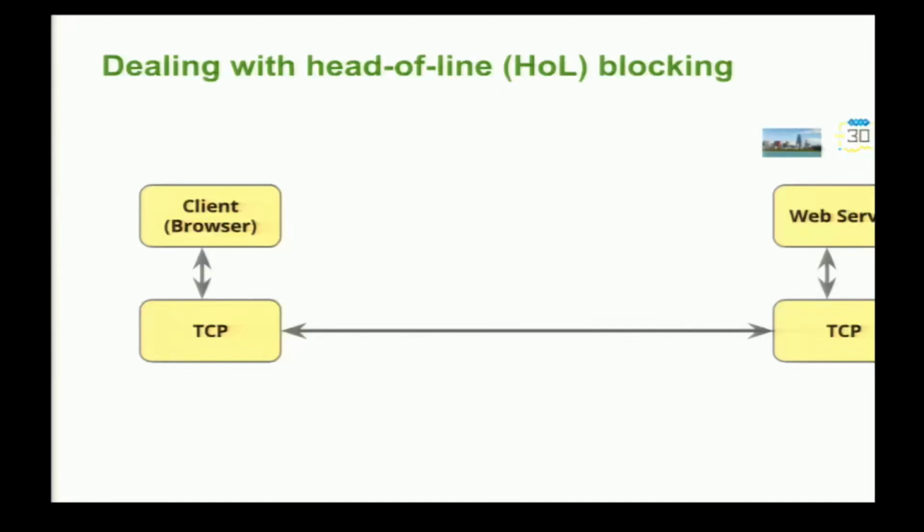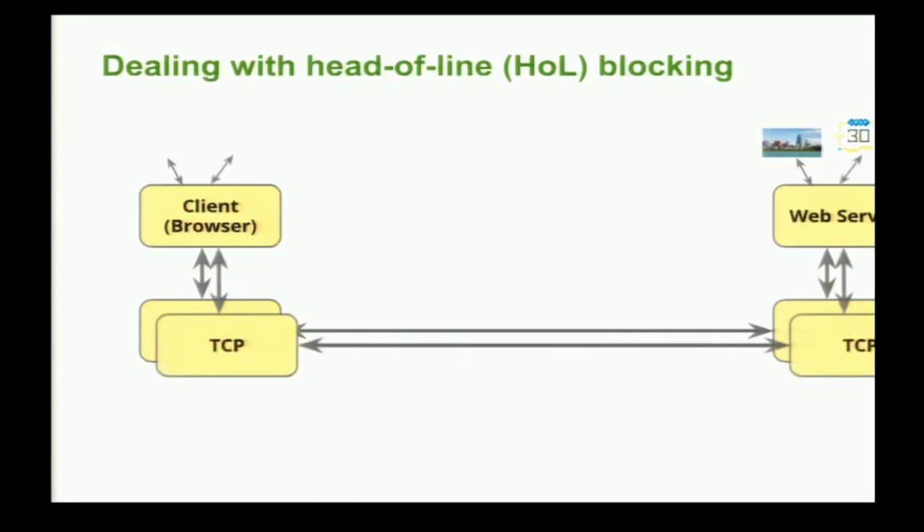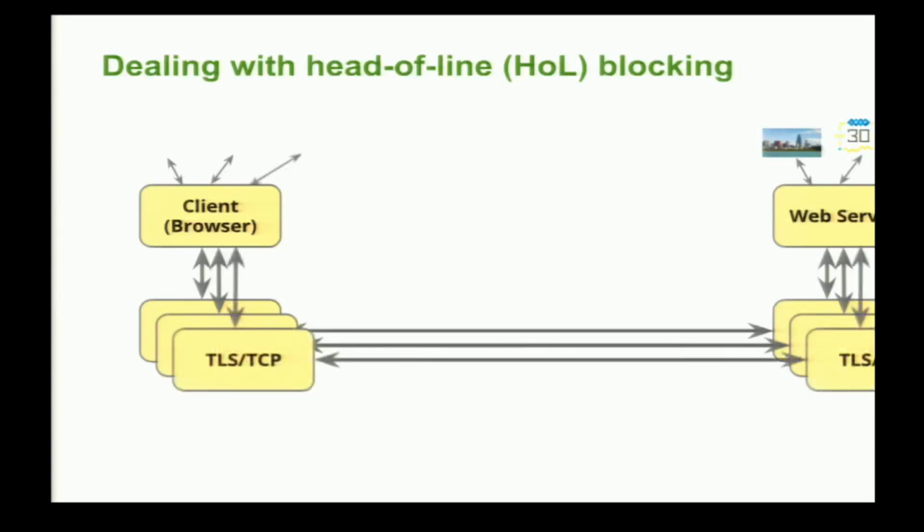And that's what we ended up doing. This was a hack. What was the hack? Well, the client wants to request the first object. So it says, hey, web server, here's a TCP connection, and now please send me the first object over this connection. And the client says, I would also like this other object from you over a new TCP connection, and does the same thing for all objects.